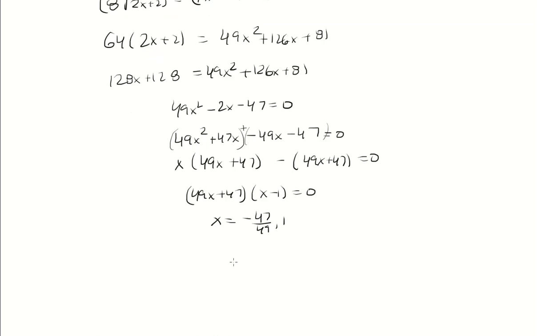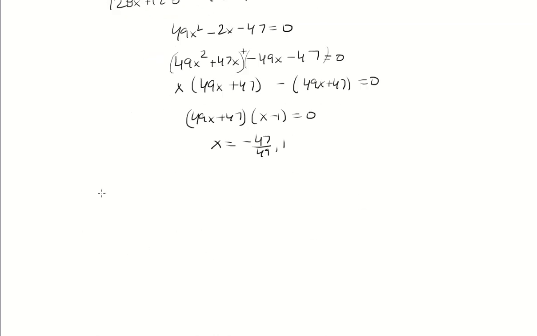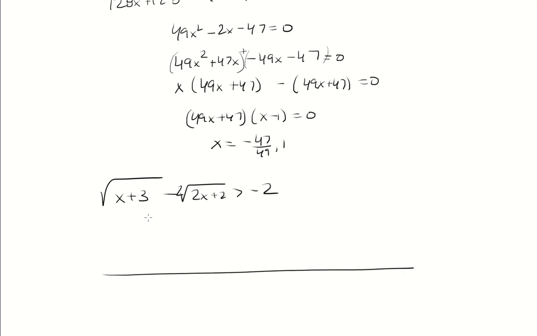Now I'm going to rewrite the original question because we kind of lost track of that. So that's square root x plus 3 minus 2 square root 2x plus 2 is greater than negative 2. I'm going to draw a large number line here. Notice that we don't want the square roots to be negative. So for the first square root, x has to be bigger than or equal to negative 3.